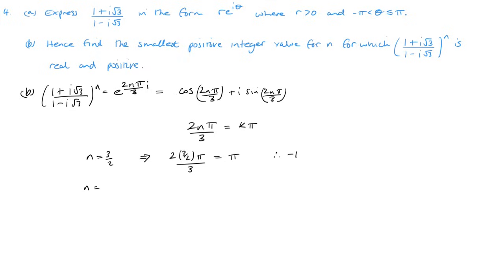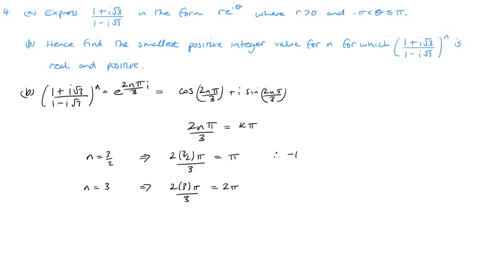The next value of n we can substitute in will be 3, because the 3's will cancel, leaving us with 2 pi, which will be in that form. So n equals 3 gives me 2 times 3 pi over 3, which is 2 pi. And obviously sine of 2 pi is 0, that is the whole point here.